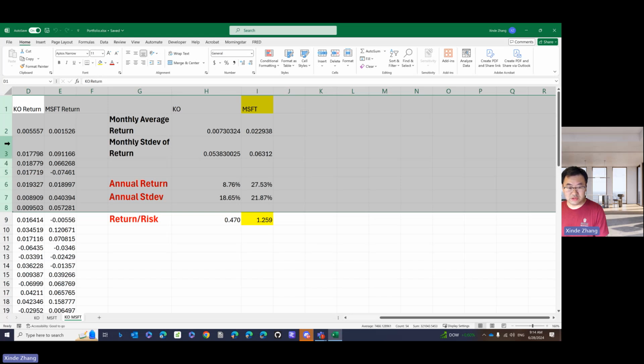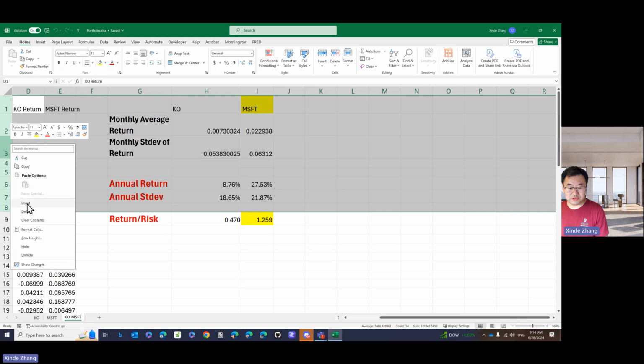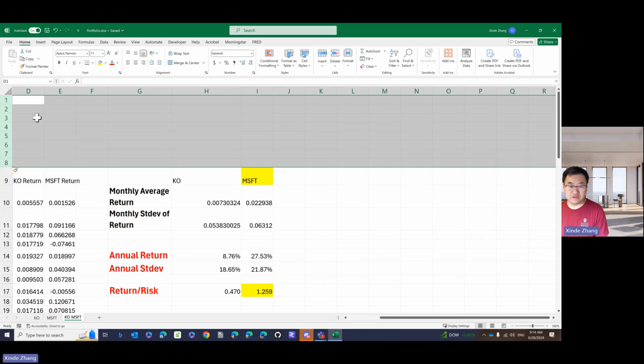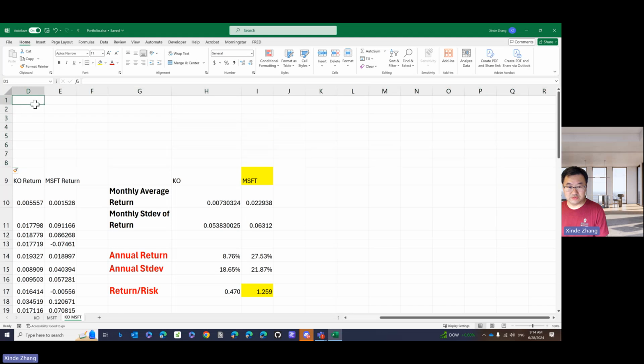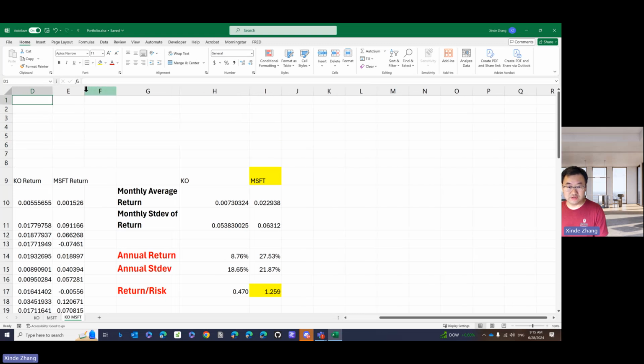Then I'm going to right click and say insert. Now I have 8 new rows. On the top here, I'm going to use those to set up the portfolio. A portfolio is really just when we have more than one stock in our investment.